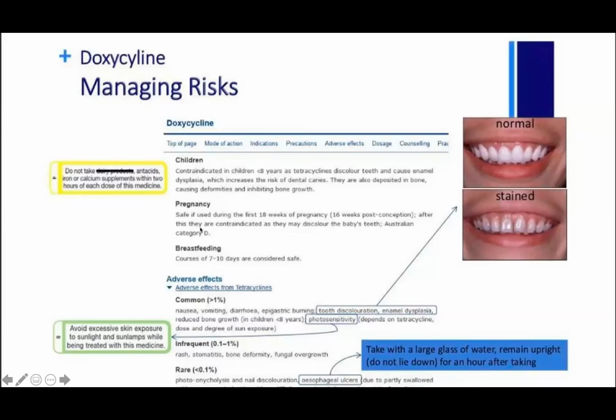After that, they are contraindicated as they may discolor the baby's teeth. And this stage of pregnancy is considered category D.